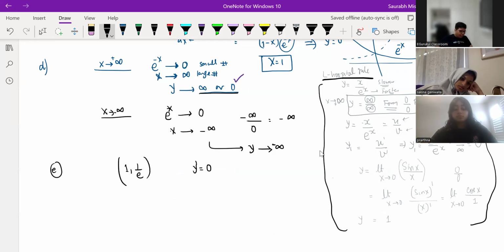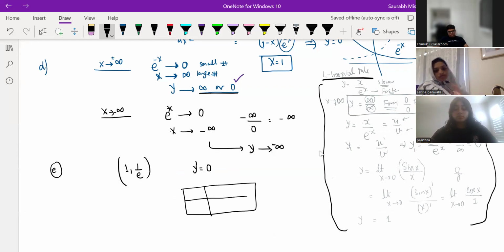Now this point is minima, maxima, concave up, concave down. You need to find out. You can use a table also if you want. So it is near 0, so 1, 0 maybe, and 2. This is x, this is y prime.